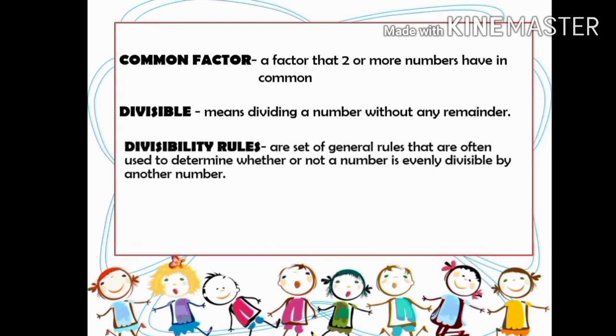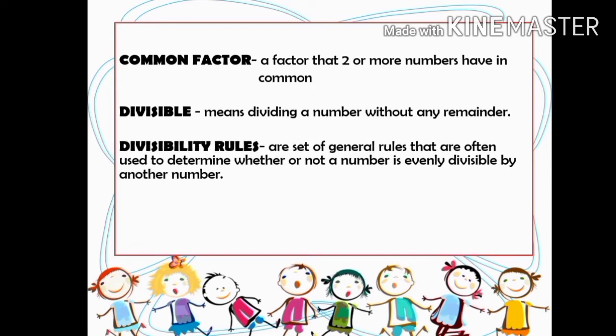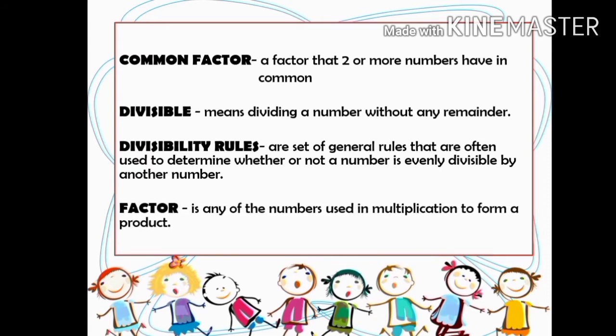Another one is divisible. When we say divisible, it means dividing a number without any remainder. The third one is divisibility rules.